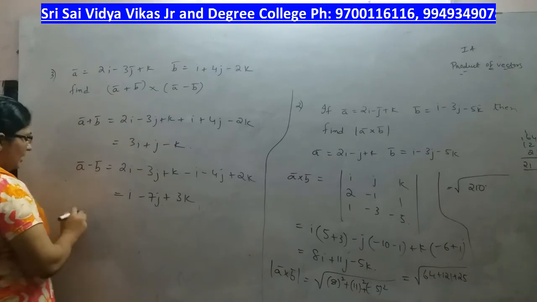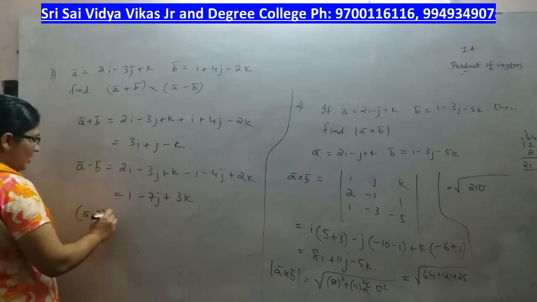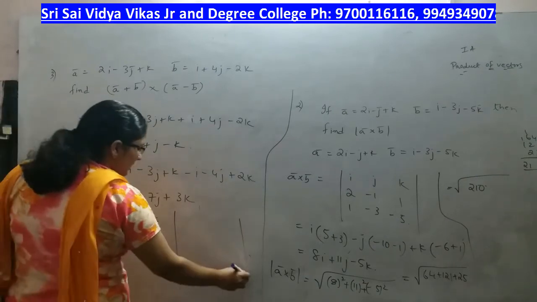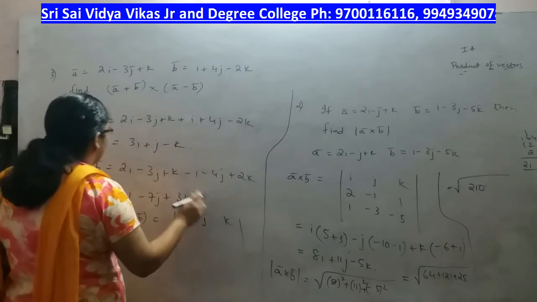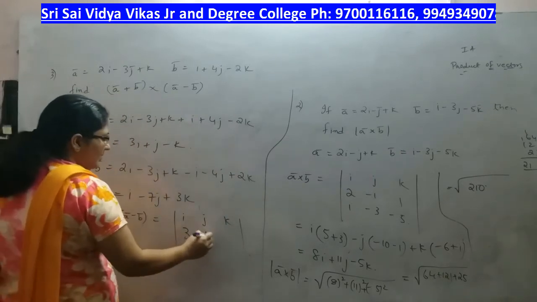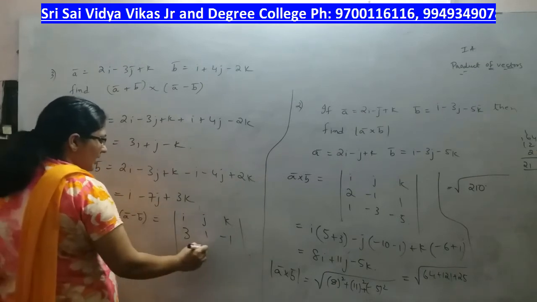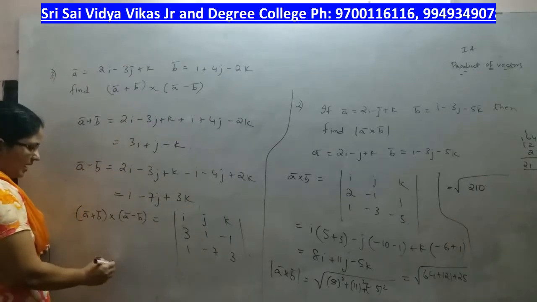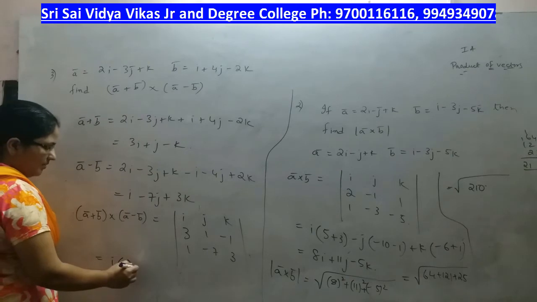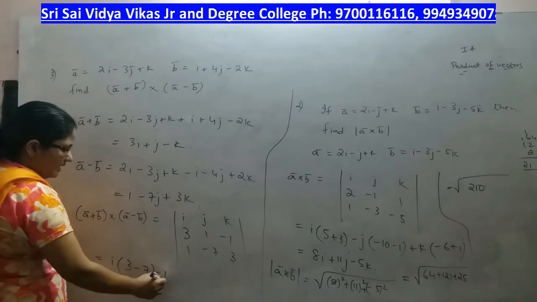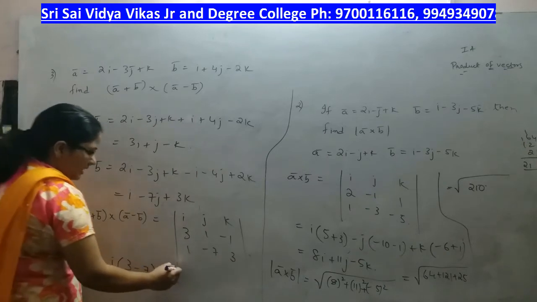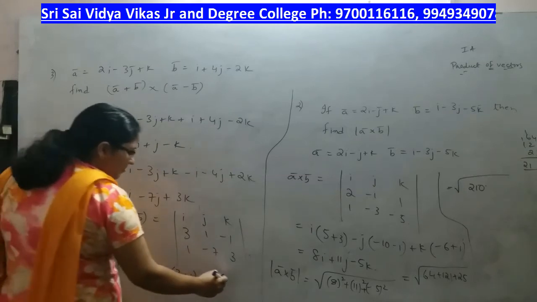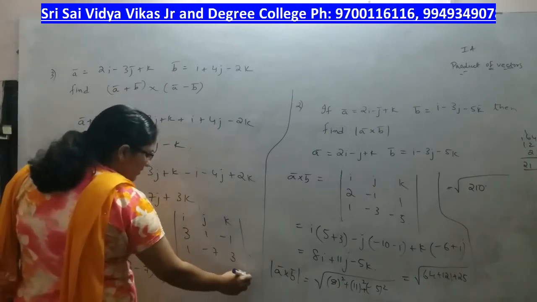a bar plus b bar cross a bar minus b bar is equal to i, j, k; 3, 1, minus 1; 1, minus 7, 3. So this is nothing but i into 3 minus 7, minus j into 3 plus 1, plus k into minus 21 minus 1.